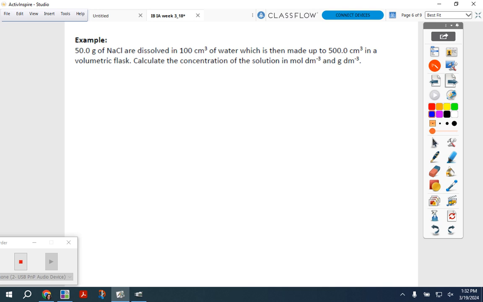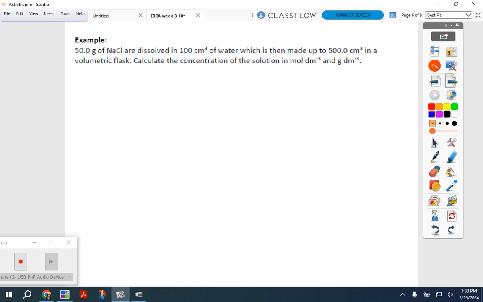That's much lower than any of our graduated cylinders. So if you have an experiment that requires very precise concentrations, volumetric flasks, volumetric pipettes are what you're going to want to use. But remember that your solute, the stuff that you're dissolving in the solvent, so in this case the sodium chloride that we're dissolving in the water, is going to take up some space.